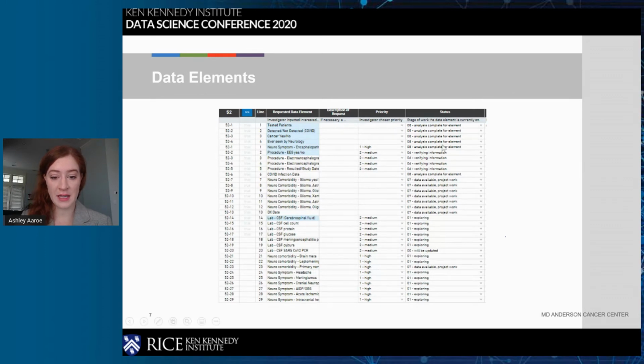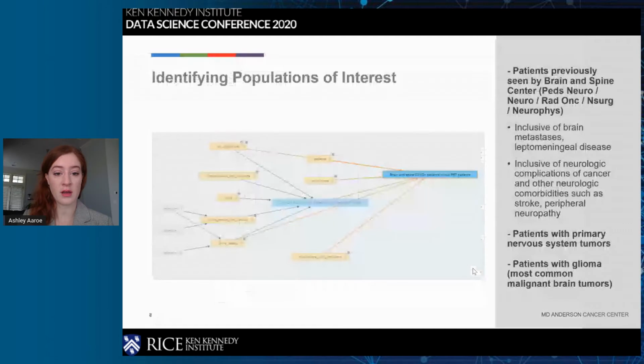This is a representation of the data elements that we've been looking at and how we prioritize and keep track of our work. Here, I'm just showing how we build a population of interest. In this particular group, we were looking at patients who had been previously seen in the Brain and Spine Center by any of the following departments: neuro-oncology, neurosurgery, radiation oncology, or neurophysiology, as these would be patients that had underlying neurological conditions.